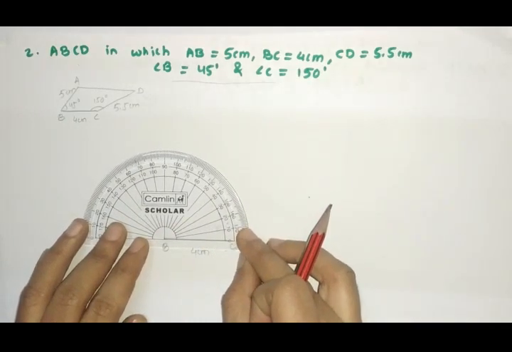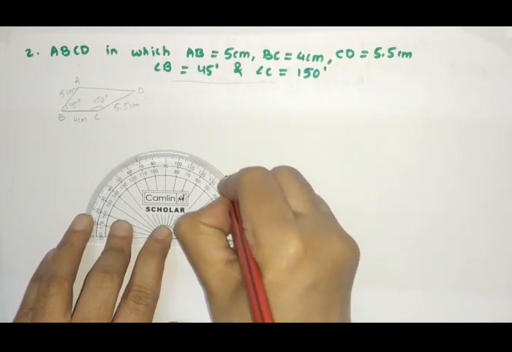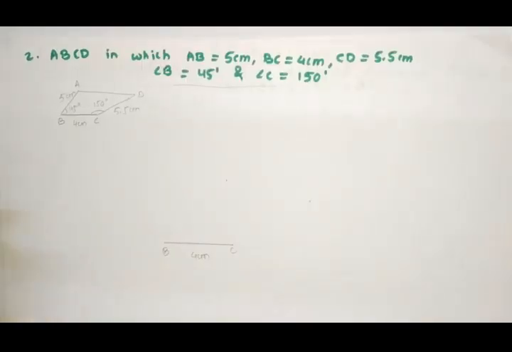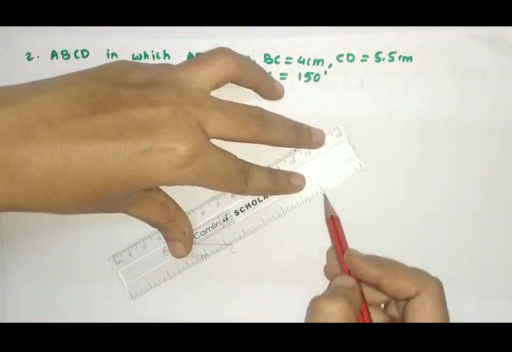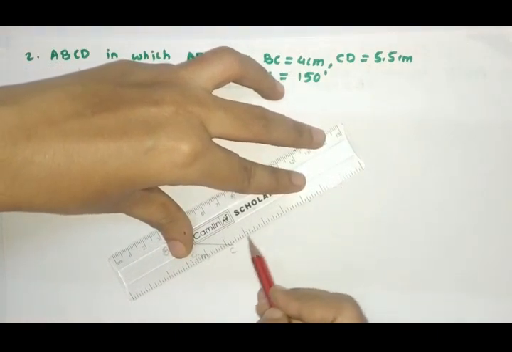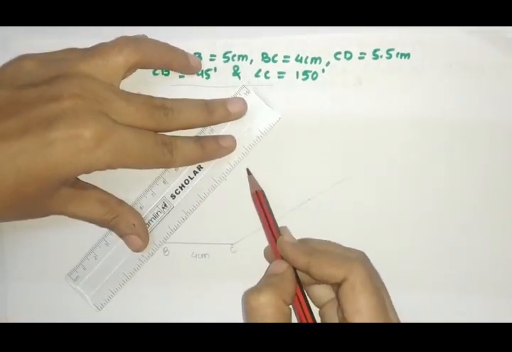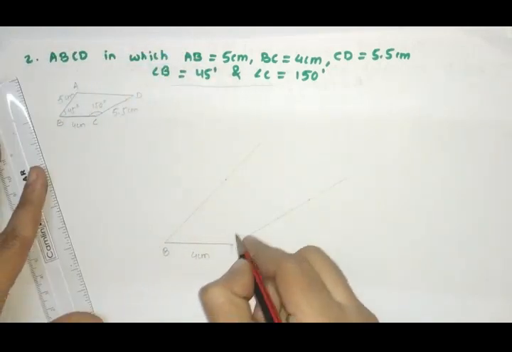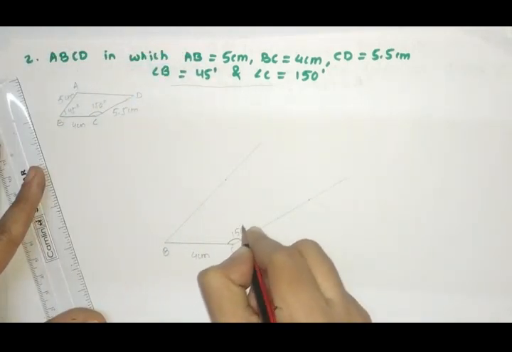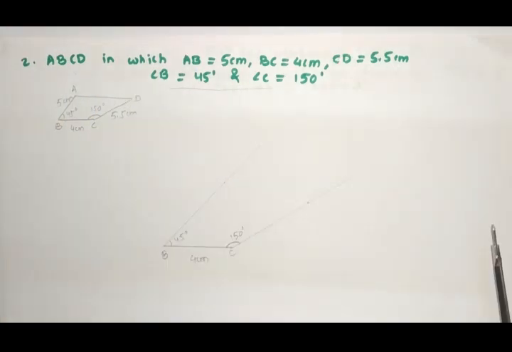So 45 degree will come here, friends. So just draw a line here. C is going to be the obtuse angle, and B is going to be an acute angle, 45 degree. So you can write down here, this is 150 degree and this is 45 degree.